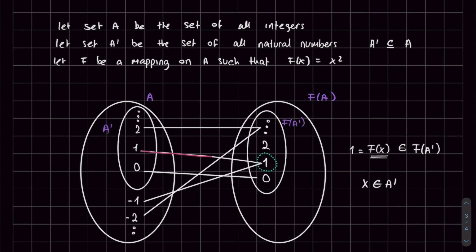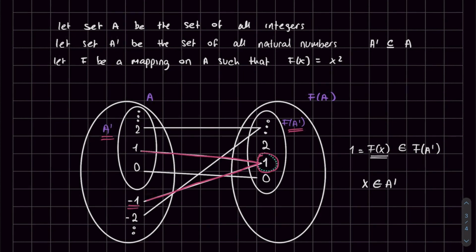You can see that both 1 and -1 map to 1. So that proves our point. Just because this element is in the image of this set, that doesn't mean that the x that mapped to this element has to be also in the source. It could be outside the source.